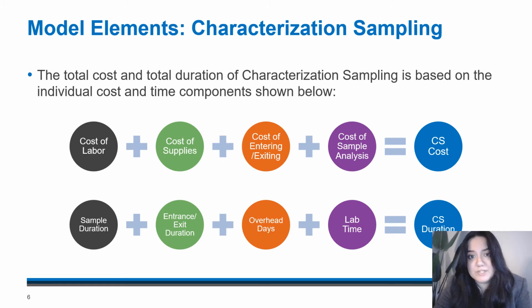And then the total duration of characterization sampling is based on the time required to physically sample the site area, the time associated with entering and exiting the site area, including any entry prep, personnel decon line time, and post-entry rest periods, any setup and teardown days required for characterization sampling, and any time that samples spend at external labs for analysis and testing.